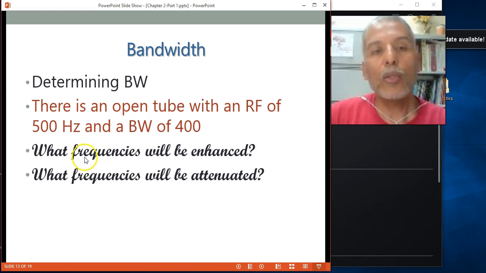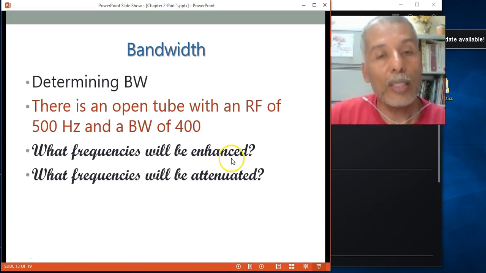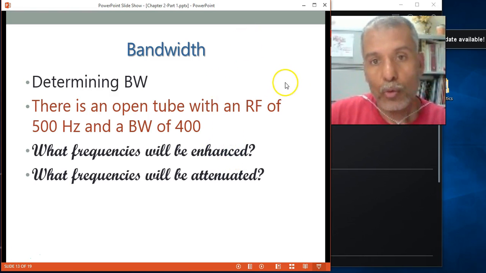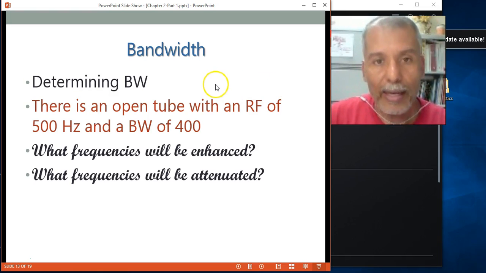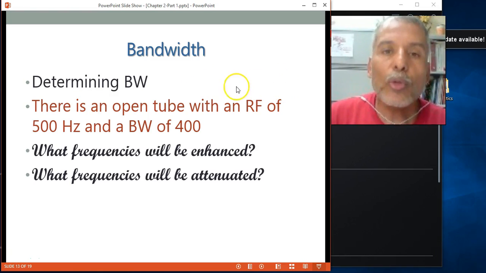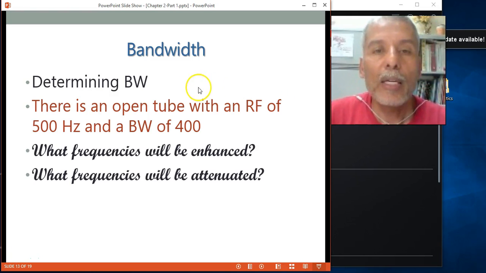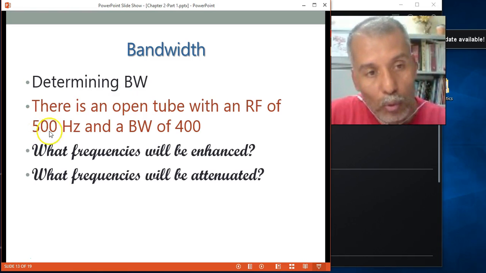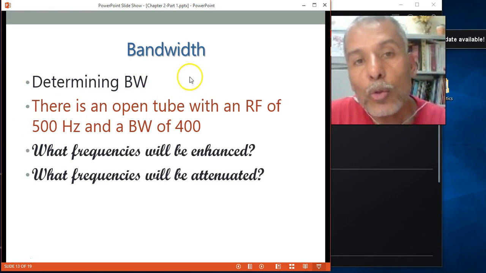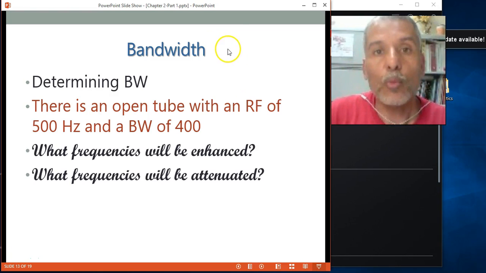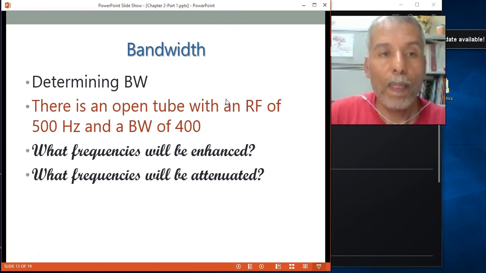So when I ask you what frequencies will be attenuated, you make that graph and you say 300 to 700. Anything in between 300 and 700 will be amplified. The closer it comes to the resonance of the tube, to the 500, the louder, and the best is when it matches 500.